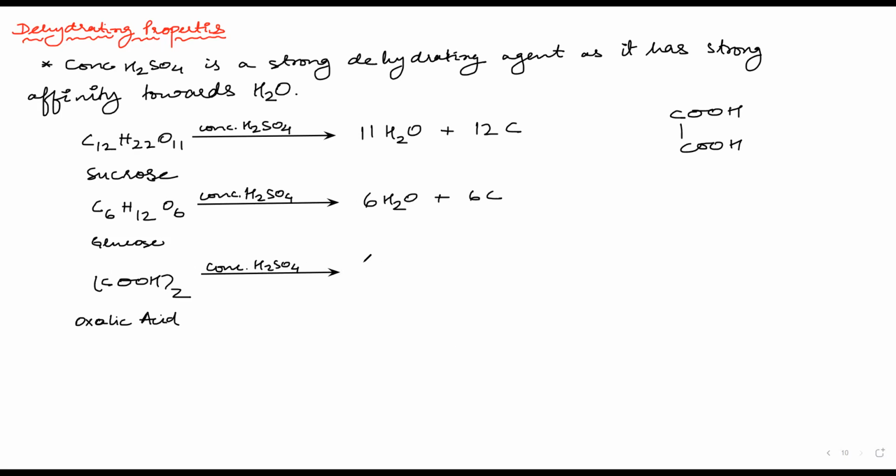How many H2O molecules will we get? One molecule of H2O plus carbon monoxide plus carbon dioxide. Next, if you have formic acid, HCOOH, react this with concentrated H2SO4, you will get H2O plus carbon monoxide.